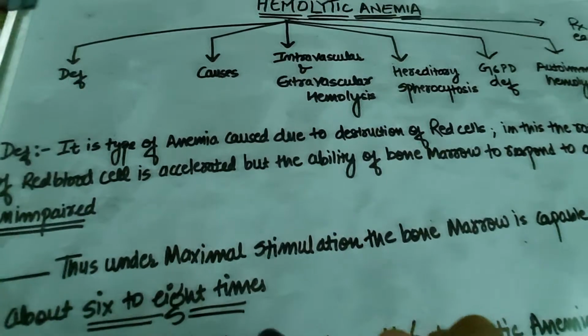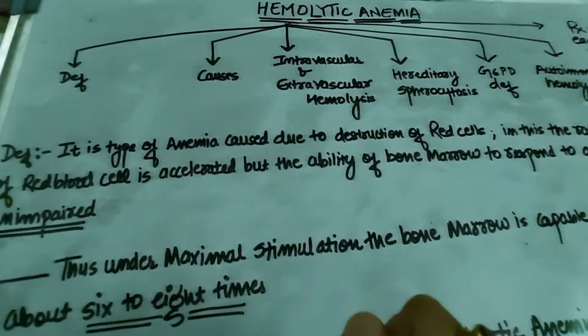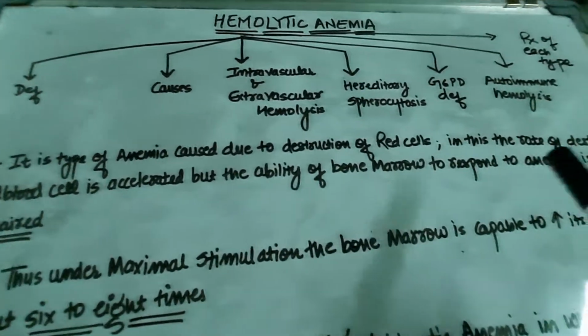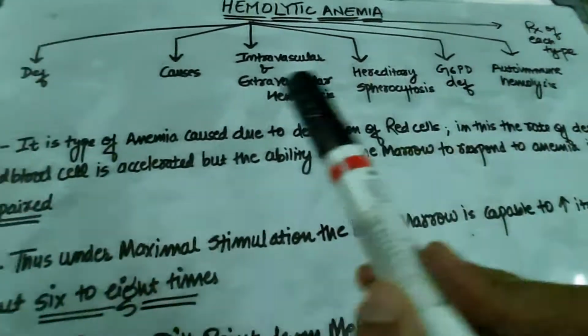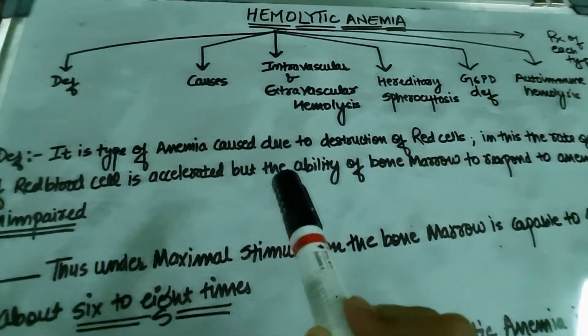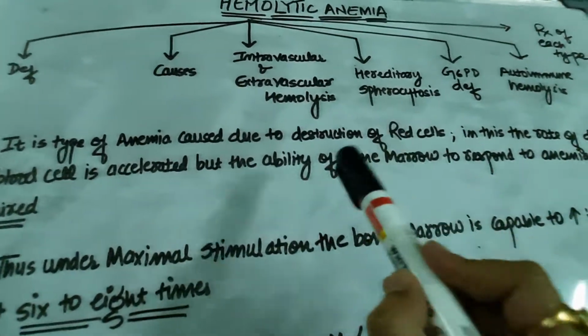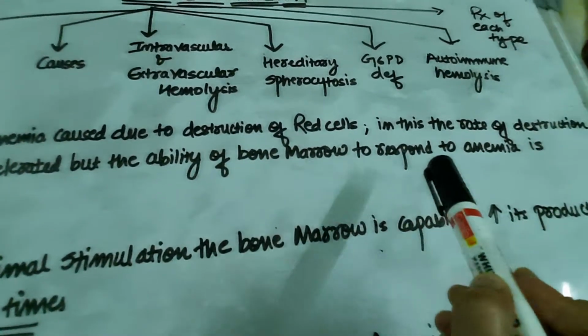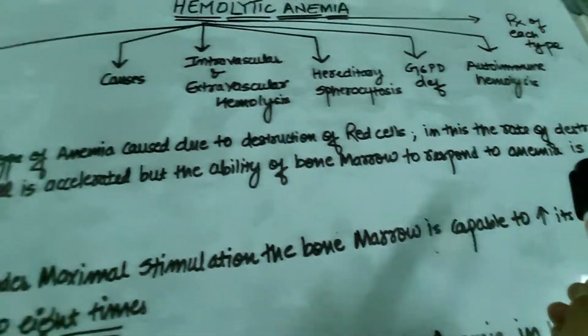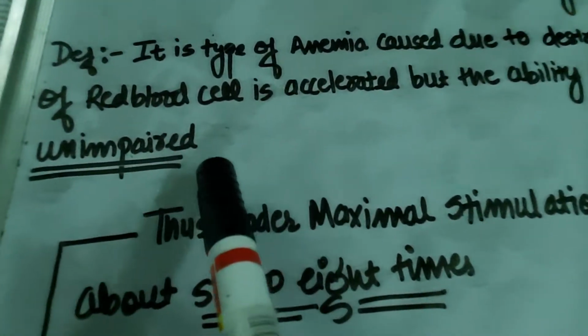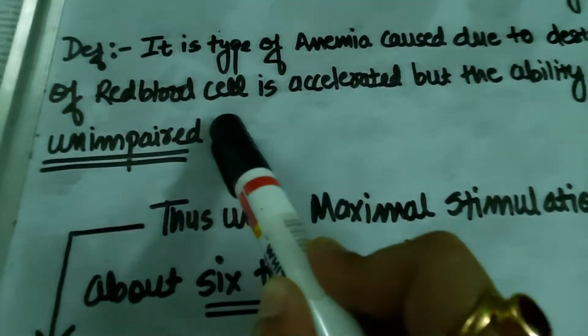But the important point after this definition is that the rate of destruction of red cells is accelerated. There is increased destruction of red cells, but the ability of bone marrow to respond to anemia is unimpaired. This term is very important. It is unimpaired.